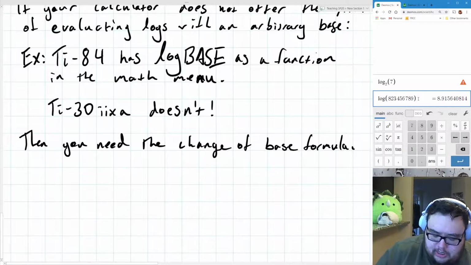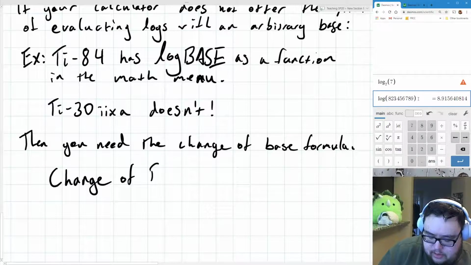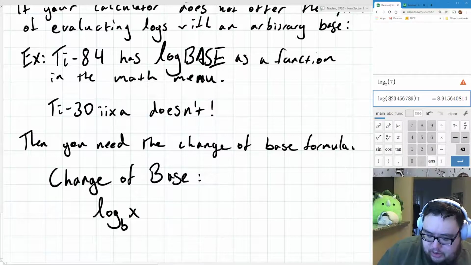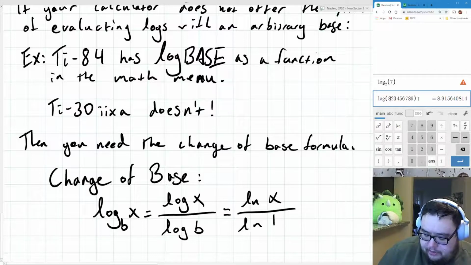It says that log base b of x is equal to log of x divided by log b, or ln of x over ln of b.